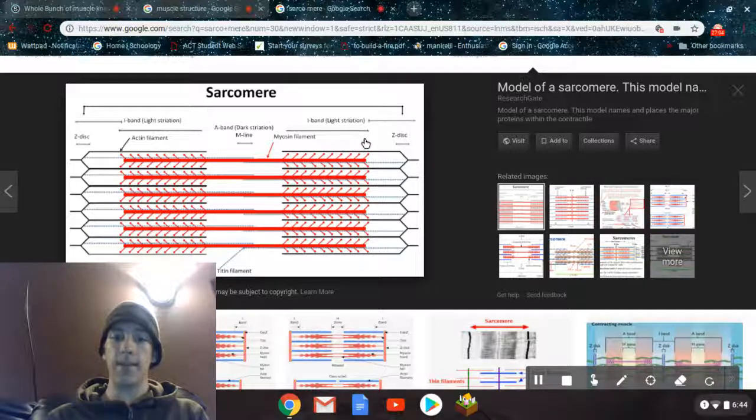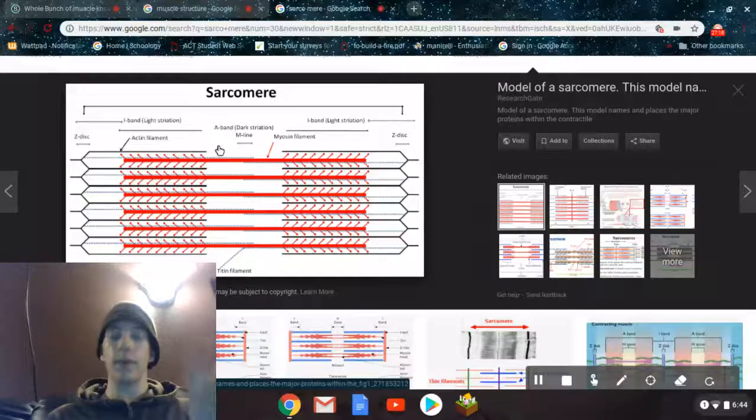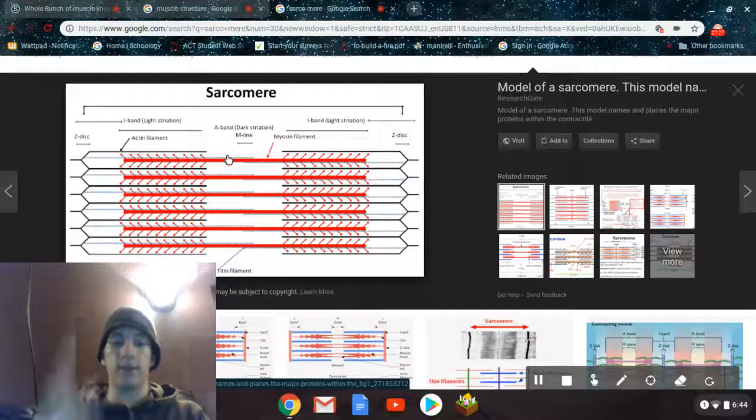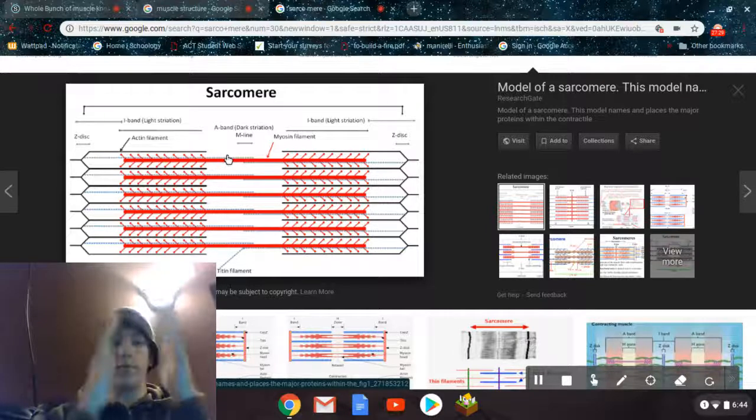I band is from the end of this myosin filament to the one before it, and the A band is the length of these going all the way down. And then there's another one you need to know that's not here. It's the H zone. It's the distance between this actin filament and this actin filament, which shrinks when the sarcomere contracts.